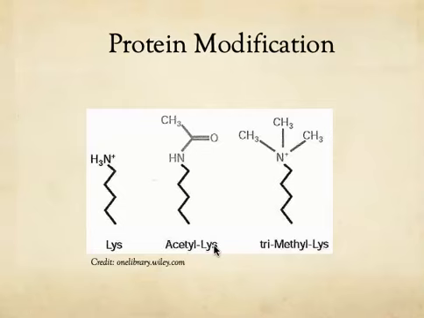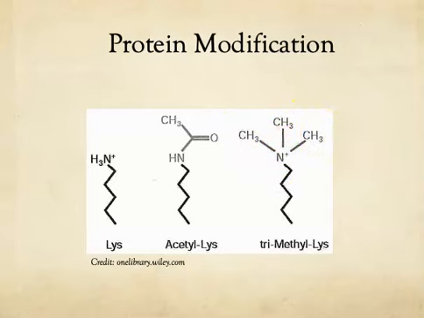Lysine is also commonly methylated when it's modified. This is the version of lysine commonly produced through methylation. This is actually a trimethyl lysine. Again, at the end of the R group, in the area where there used to be an amino group, we now have three methyl groups added on.